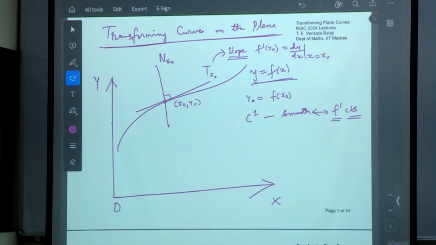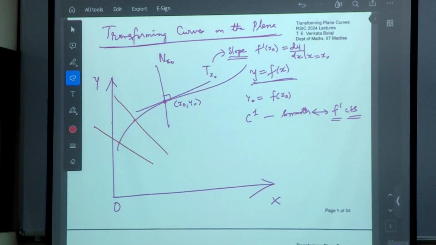So you have this idea, and then what do you do with this? You start drawing normals. At all points of the curve you start drawing normals. So I'll draw things like this. I take this point, I'll get a normal like this, and then I take this point, I'll get a normal like this.